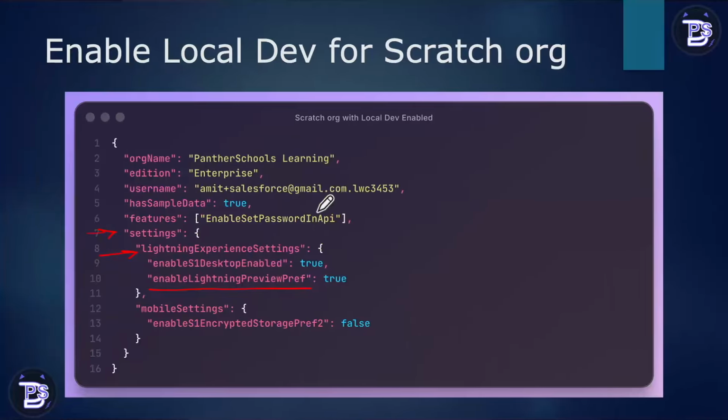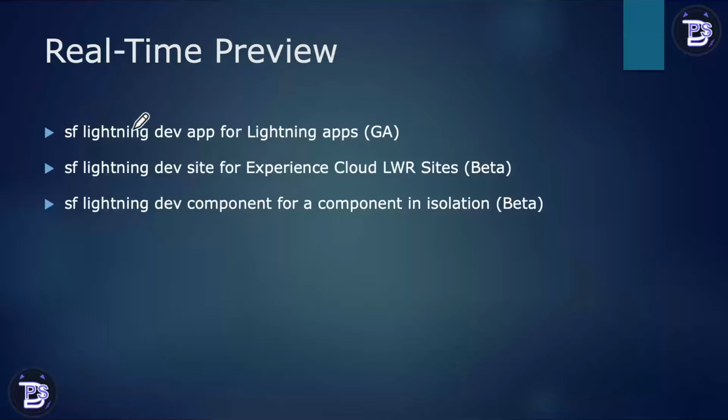What are those three options that we have already talked about? You have sf lightning dev app. This is for the Lightning application, which is generally available. sf lightning dev site is for the Experience Cloud LWR sites. These are Lightning Web Runtime sites, which is in beta version. That means it is a high value feature, however it has limited functionality.